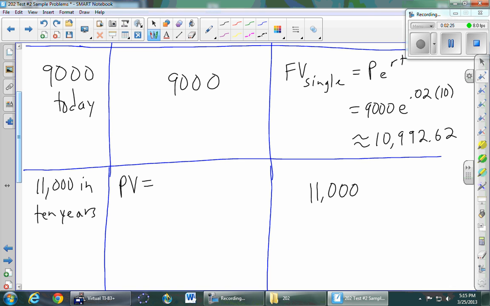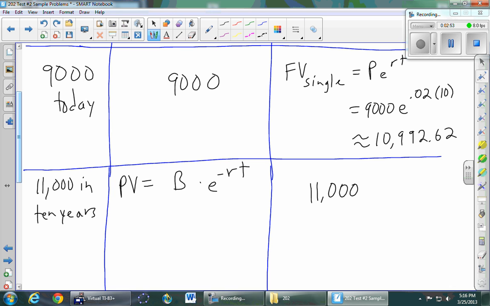The present value of this $11,000 in 10 years is also easy. It's just a single formula. It's basically this formula, but solved for P, the future value compared to the principal, which you can think of as a present value. So the present value formula is the future value times e to the negative rt, by dividing both sides by e to the rt. But I'm not going to use FV, I'm going to use B. That's the letter your book uses.